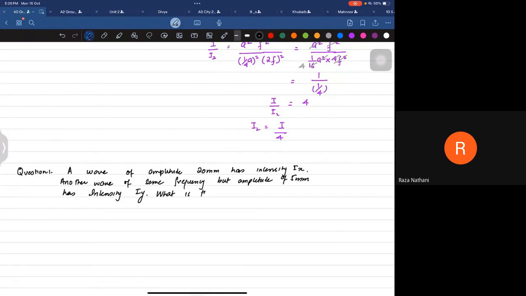What is the ratio of Ix over Iy? Can you guys please try and find the answer to this? I think you guys will be able to do it in less than a minute.